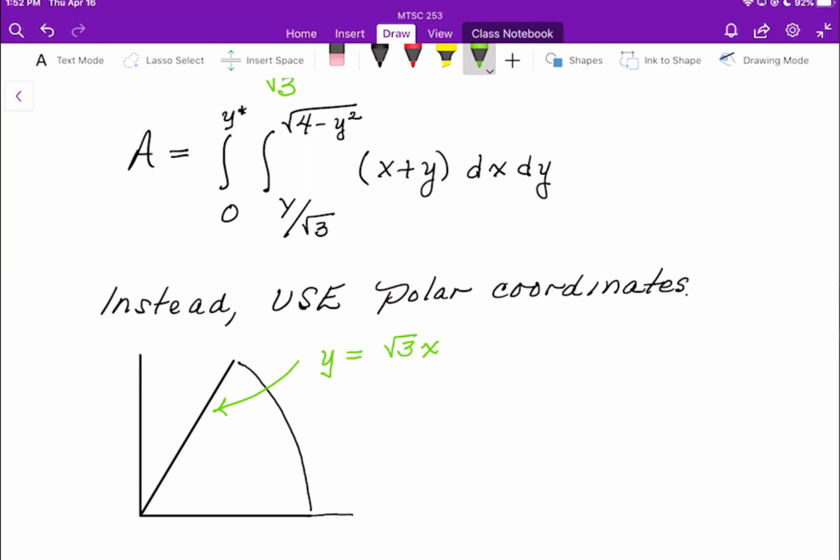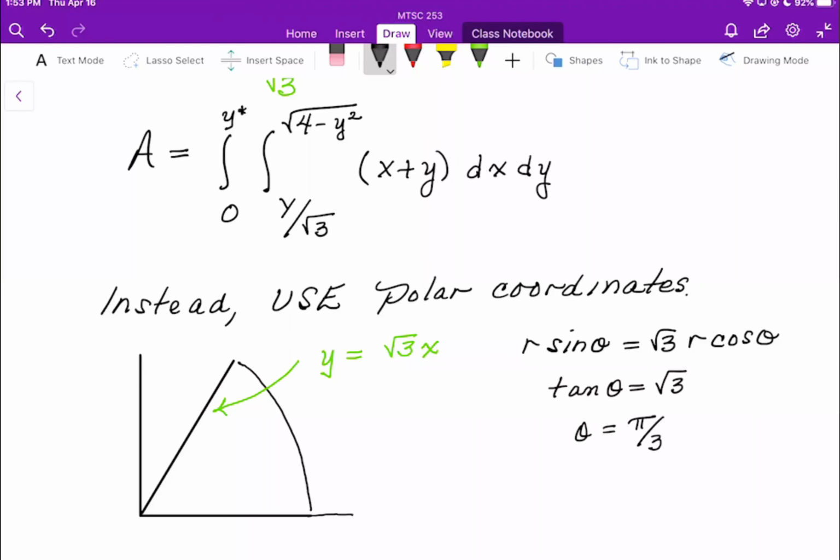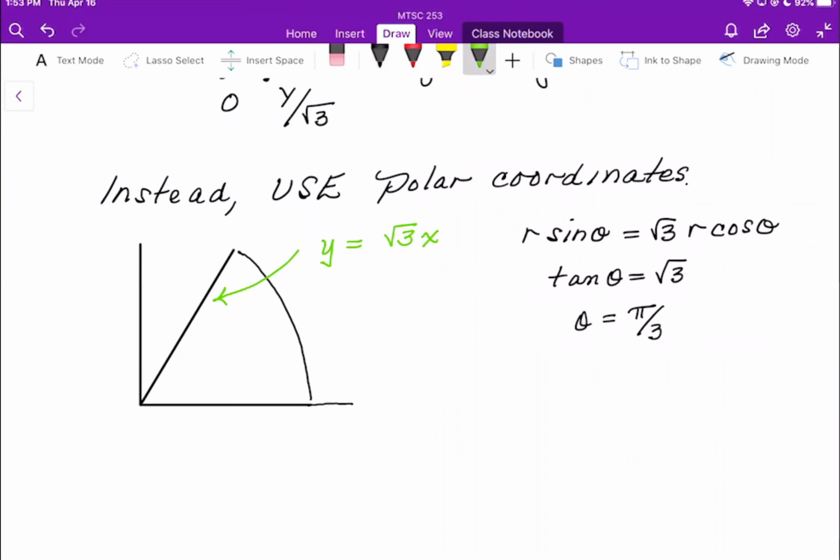Well, if I switch over, that means y is r sine theta is equal to the square root of 3 times r cosine theta. So that means the tangent of theta is the square root of 3. So theta is pi over 3. So I can also write this line as theta is pi over 3 as such.